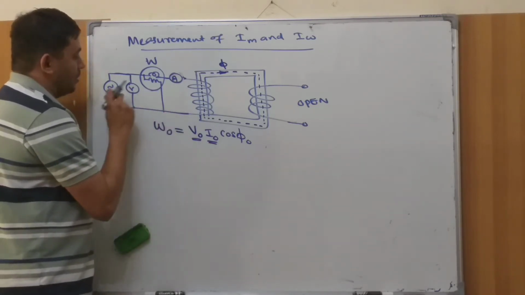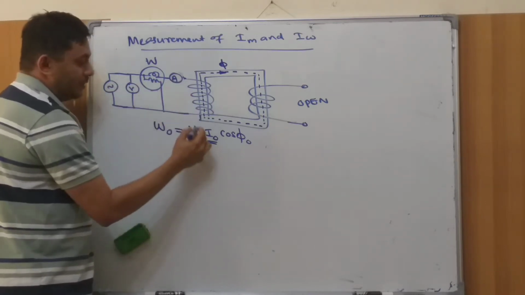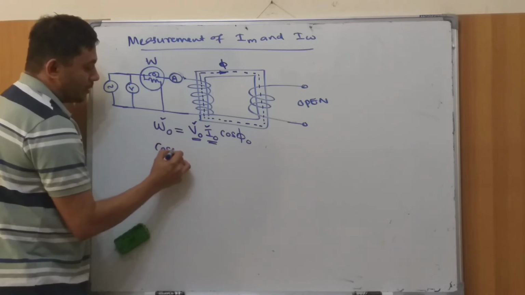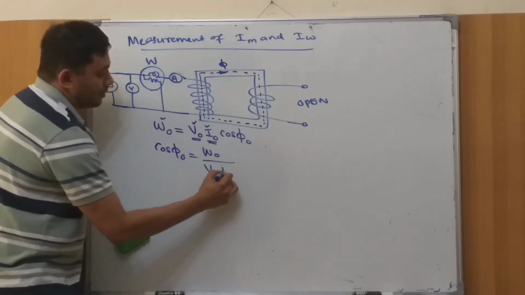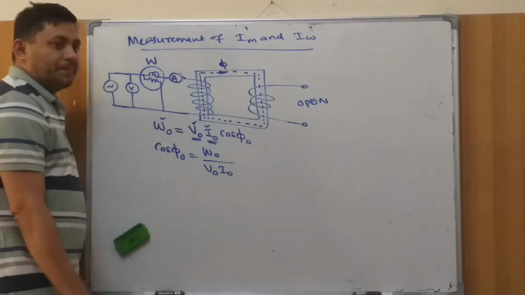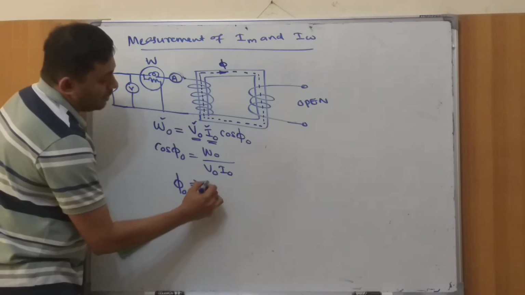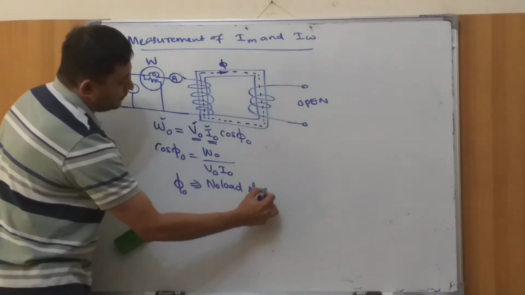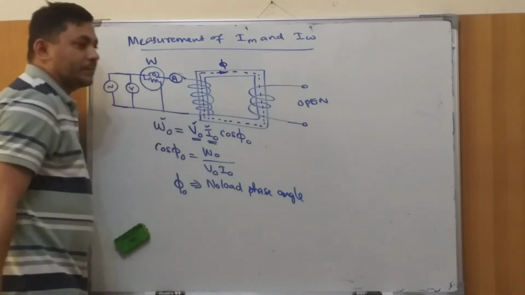Since we have V and I, and W is also known, you can directly calculate cos phi 0. Cos phi 0 is nothing but W0 divided by V0 I0, correct? From that we can calculate phi 0. Phi 0 is nothing but the no load phase angle, correct?